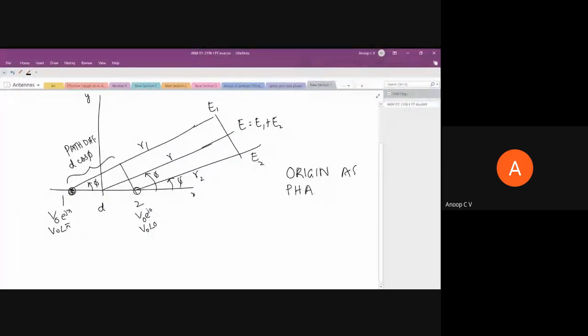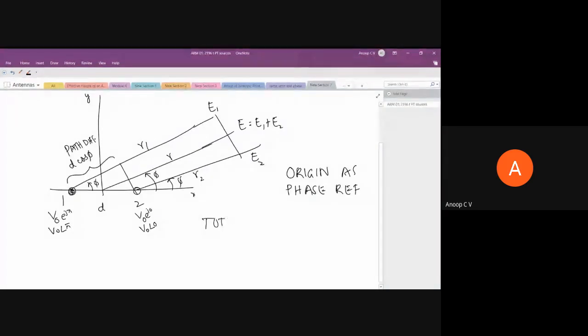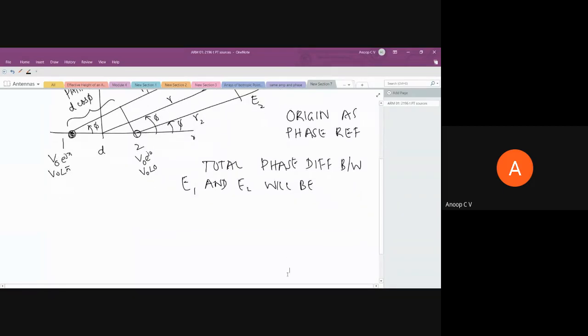And what I can do is, the total phase difference between E1 and E2 will be, as it is the first one I'm solving, I'll write it in detail.